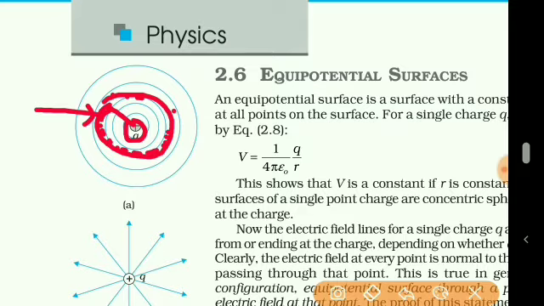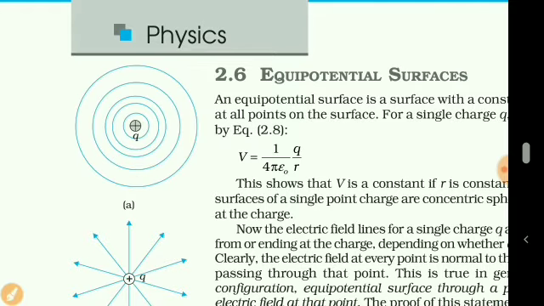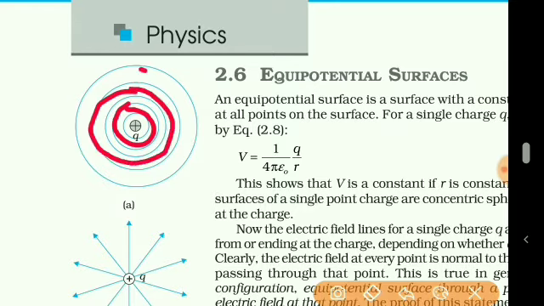The difference is that for the larger radius, the equipotential surface has less potential, but for the smaller radius surface, the potential is more. So it is clear that with the charge at the center, we get such infinite equipotential surfaces.